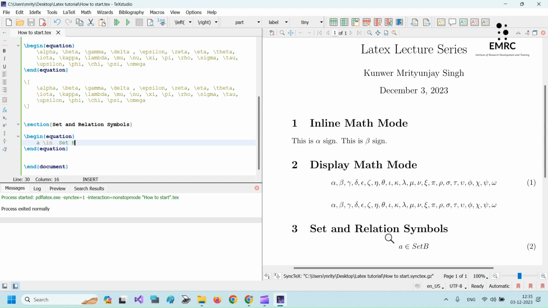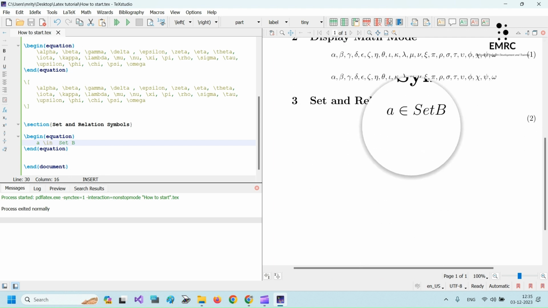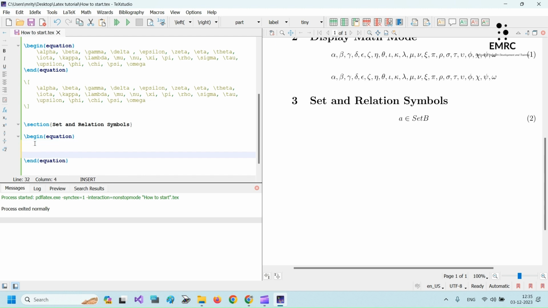You can see a in set b. A belongs to set b. There are various other set and relation symbols. We can try here. Like the first symbol is in.